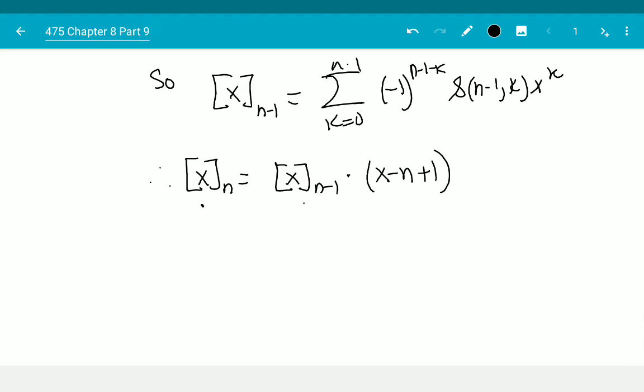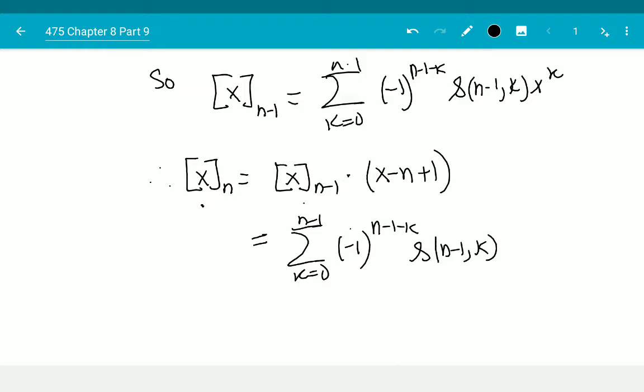So the only term missing is x minus n plus 1. Multiplying, I get this is equal to summation k equal to 0 to n minus 1 of negative 1 to the n minus 1 minus k, small s of n minus 1 comma k, x to the k, times x minus n plus 1.